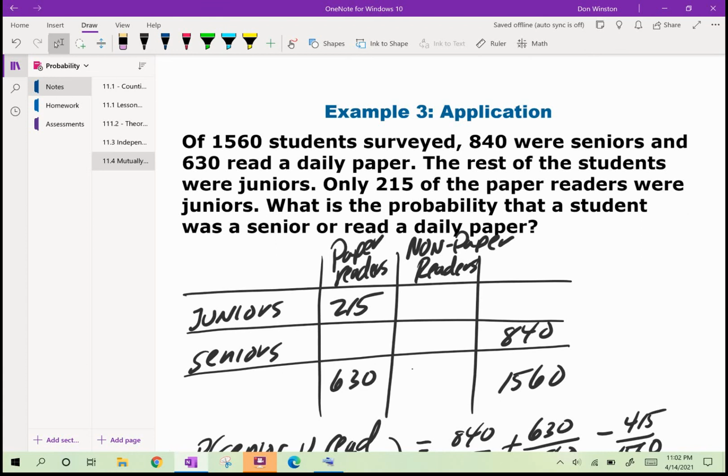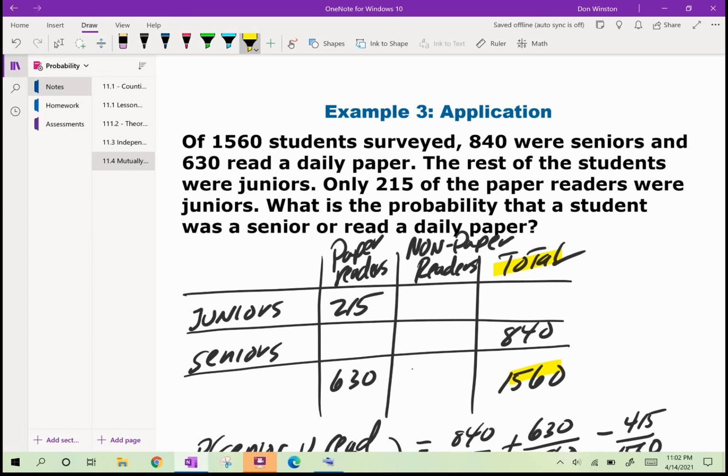So this will always be the total column over here, and I'll highlight that. That's my total.